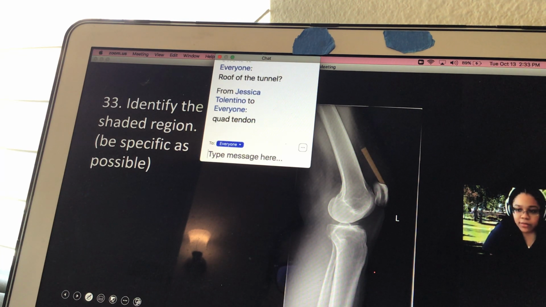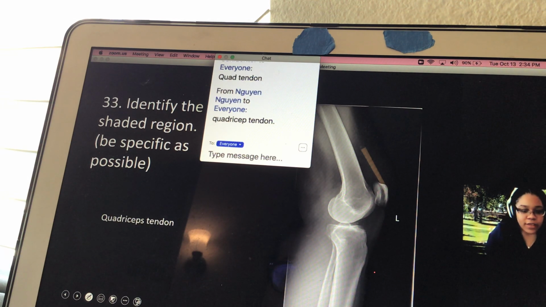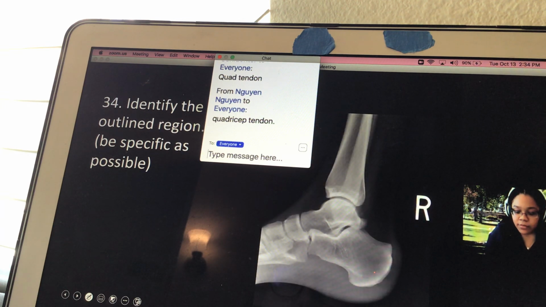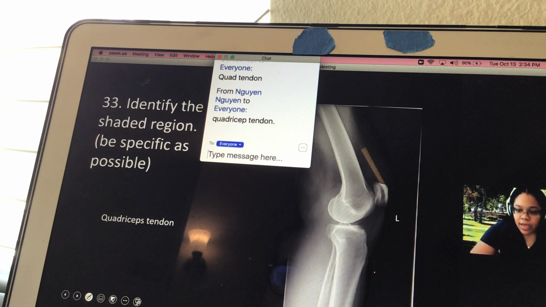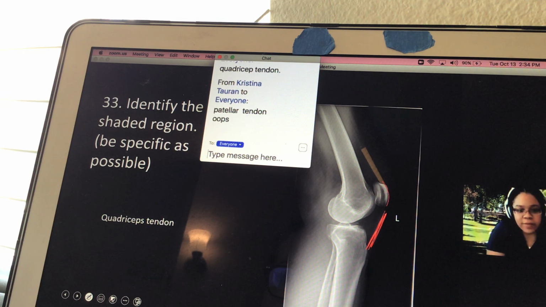Alrighty, next one. Quadriceps tendon, good. And then as it crosses over the patella, it becomes our patellar ligament. Or you can say patellar tendon too.